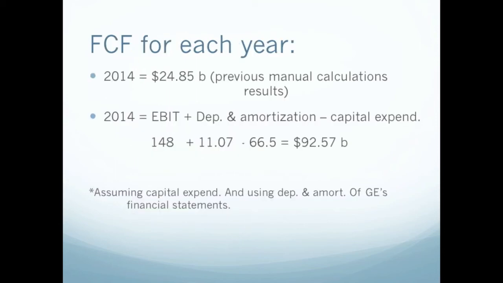Calculating the free cash flow using the previous manual calculations gave us a result of $24.85 billion for the year 2014. And as for the automated calculation, it gave us a result of $92.57 billion as for 2014.